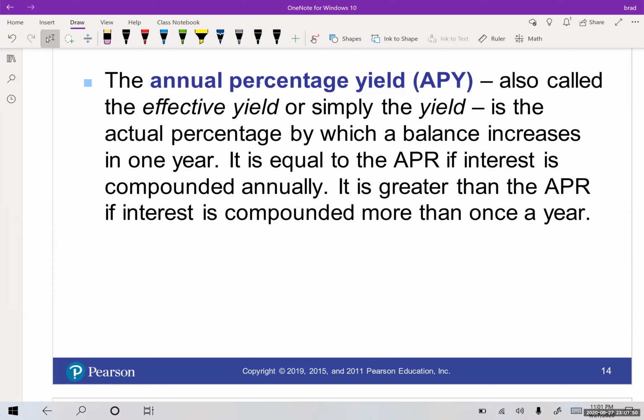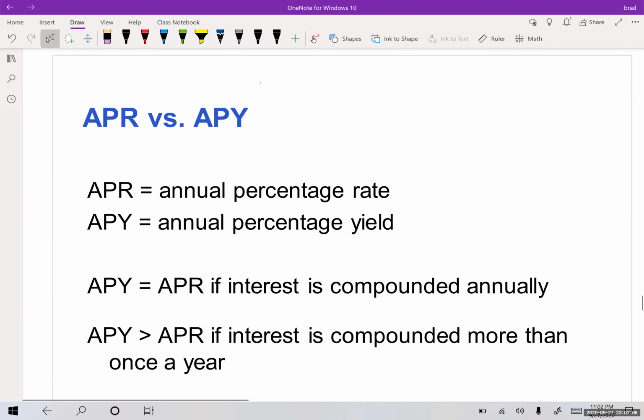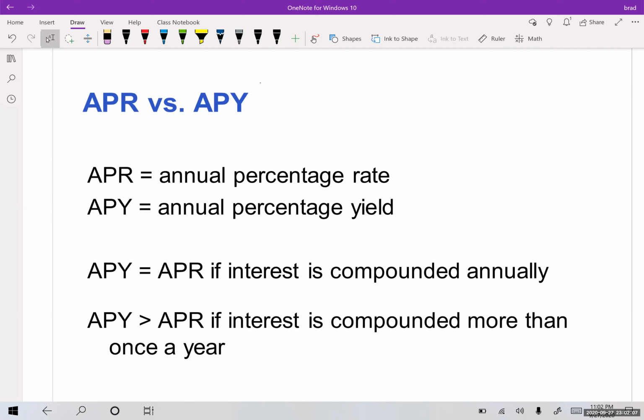The annual percentage yield, also called the effective yield or simply the yield, is the actual percentage by which a balance increases in 1 year. It is equal to the APR if interest is compounded annually. It is greater than the APR if the interest is compounded more than once per year. So APR versus APY. APR is annual percentage rate and APY is annual percentage yield.